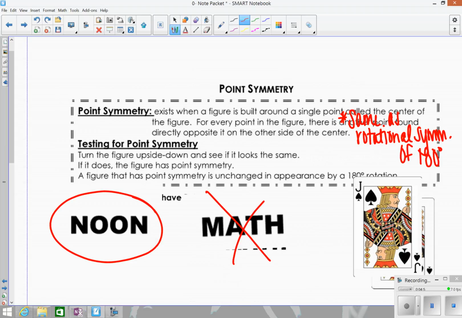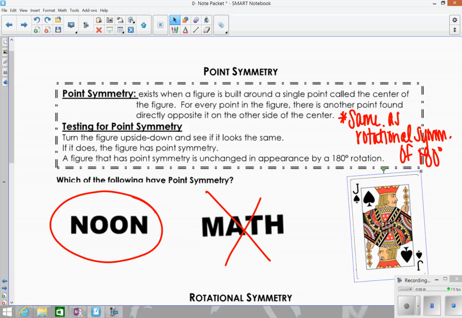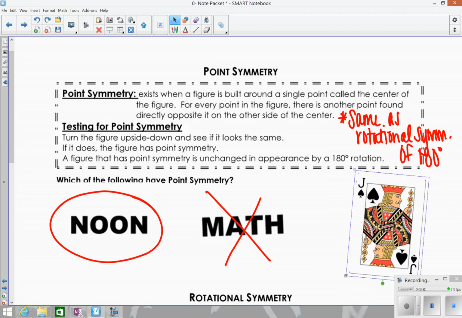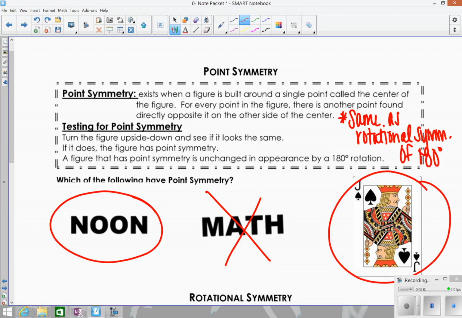And the last one here is this card. So if I take the card and I turn it upside down, so 180 degrees rotation, it looks exactly the same. So yes, this does have point symmetry. So point symmetry is symmetric around a point, but really it's the same thing as just thinking of it as turn the figure upside down.